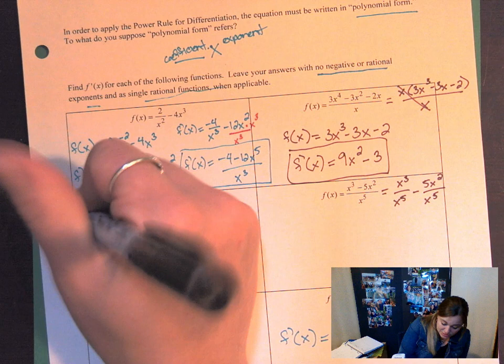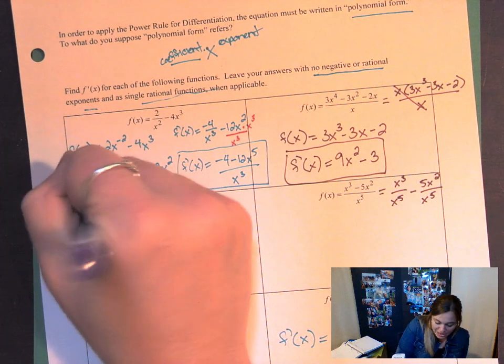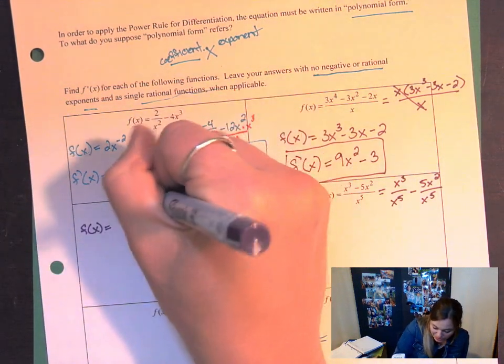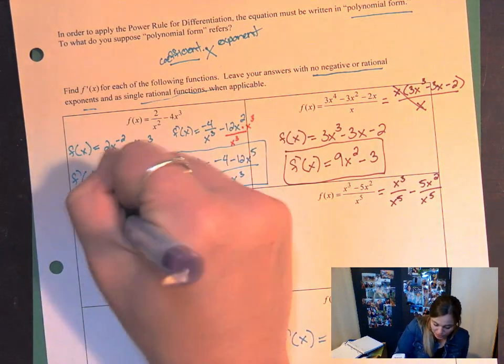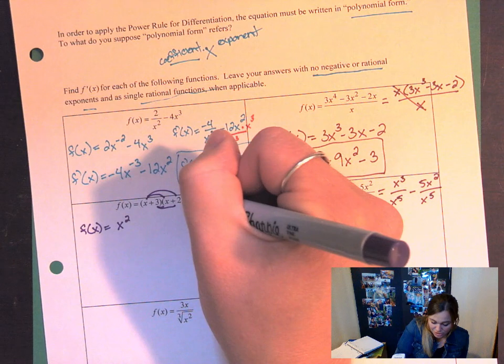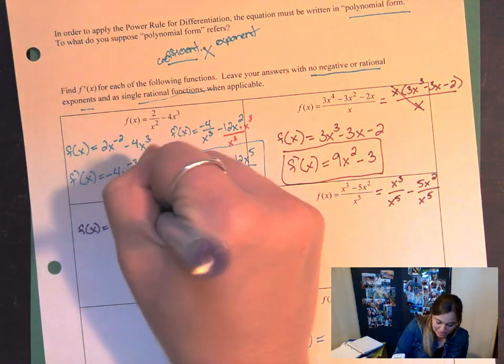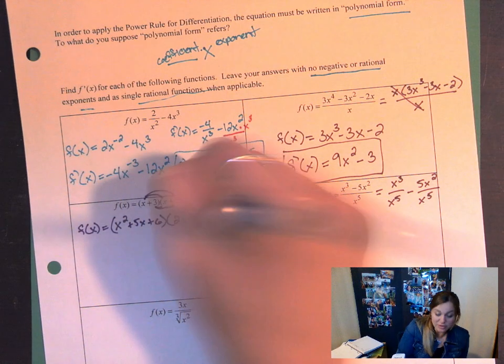This one is all sorts of gross. I'm going to use a different color because I can. But you actually have to just expand this first. So I'm going to take x plus 3 times x plus 2. And I would get x squared plus 2x plus 3x would be plus 5x plus 6. And I need to multiply that by 2x plus 1.